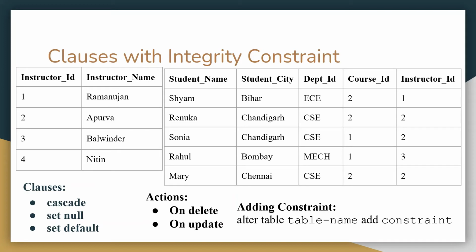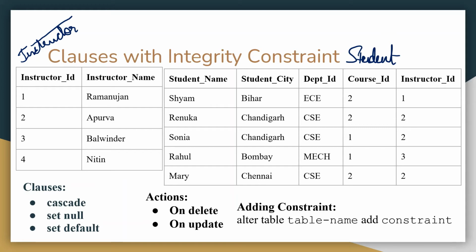Now first of all, let's see what we have as the example in this slide. We have two relations. The first one is instructor and the second one is student, right? We have the student relation and the instructor relation.